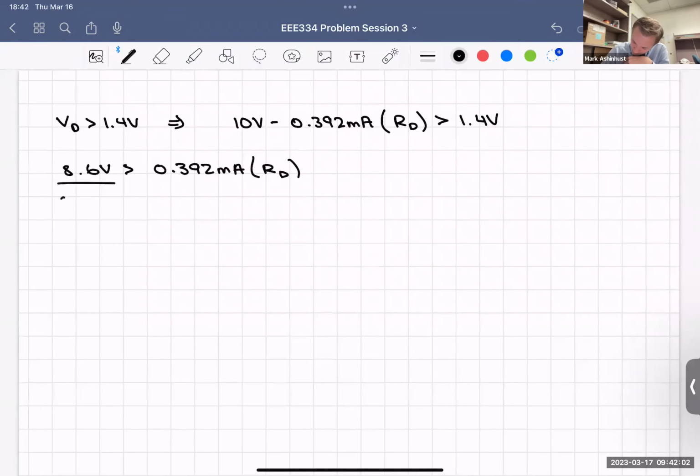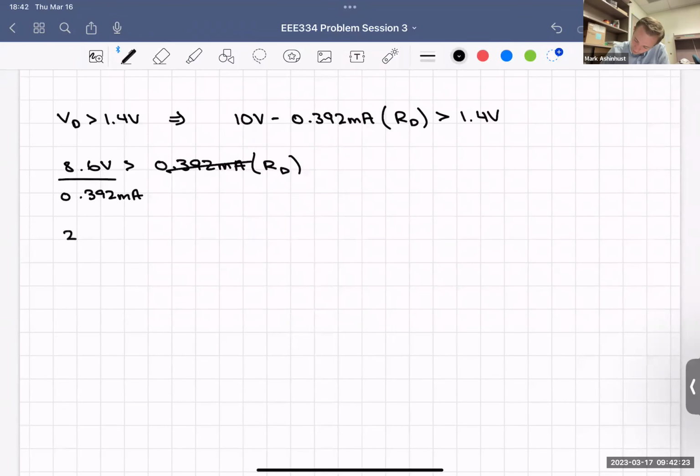And then I divide 8.6 by 0.392 milliamps, which I get 21.938 kilo ohms. So RD must be less than 21.938 kilo ohms. So 21.938 kilo ohms is what we have here.